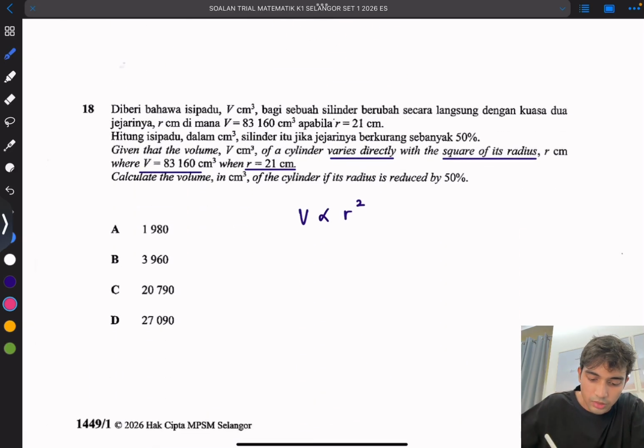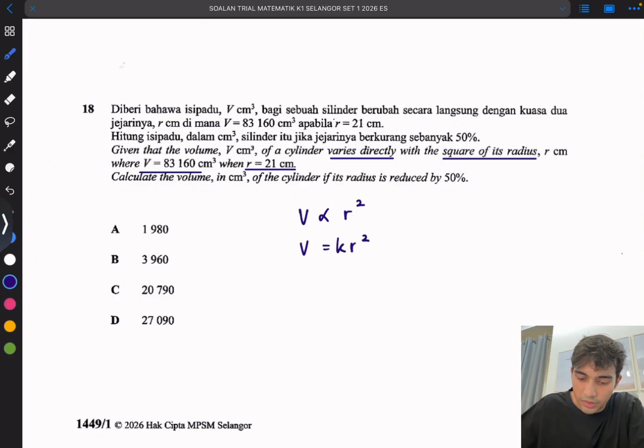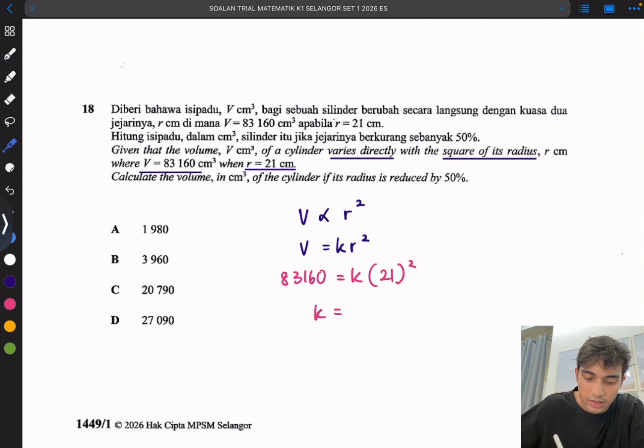So here we say V equals k r square. Then we sub in the values that they give us in order to find k. V is given as 83,160, and r is 21 square. So from here we can find k.